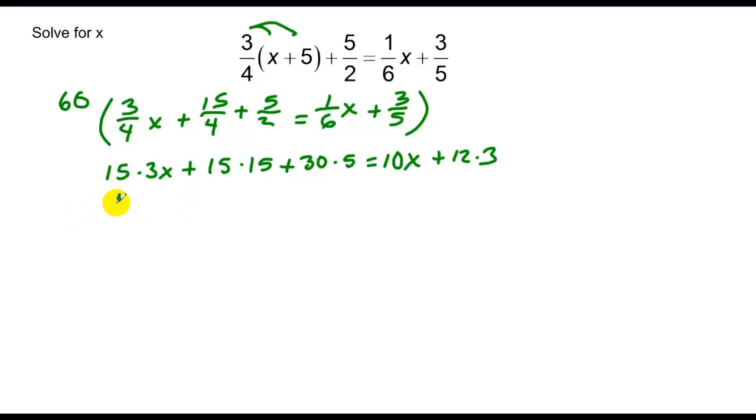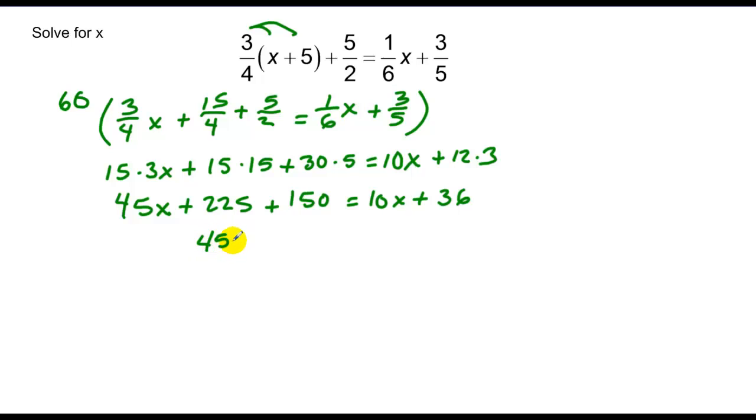Clean it up and I have 45x. 15 squared is 225. Plus 150 equals 10x plus 36. I'm going to combine like terms, so I have 45x plus 375 equals 10x plus 36.